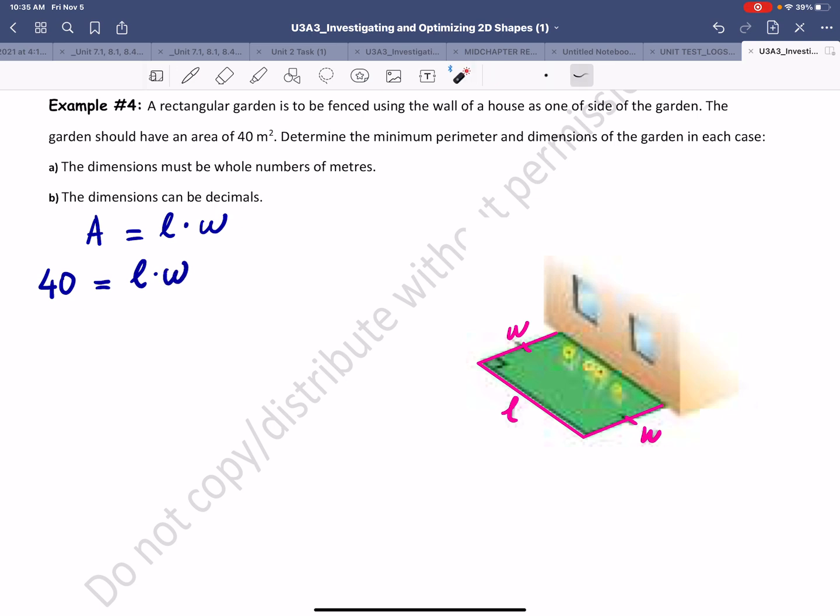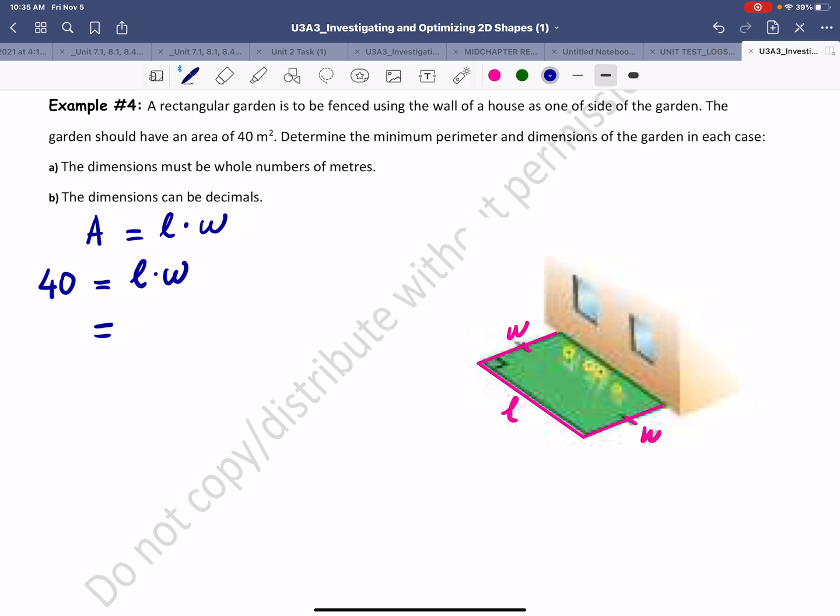Now, we want to find the dimensions that will give this area and minimum perimeter. So we will have to do some check and guess exercises in here.